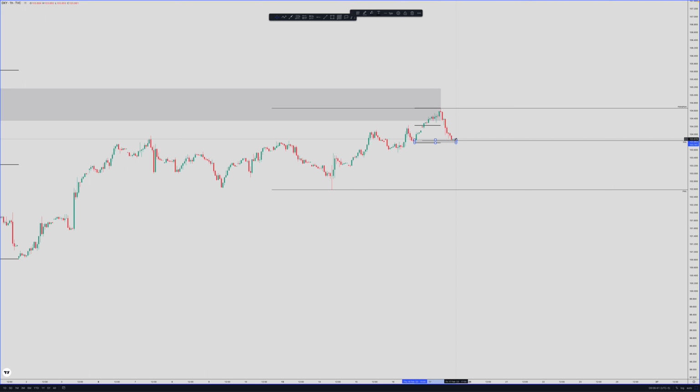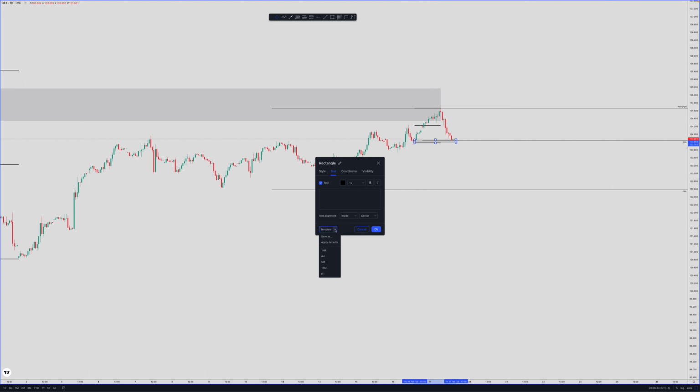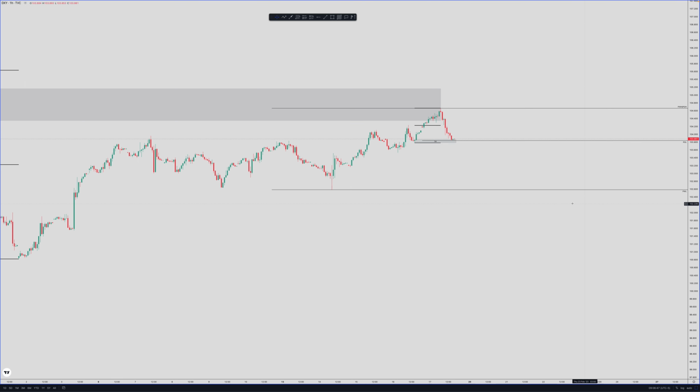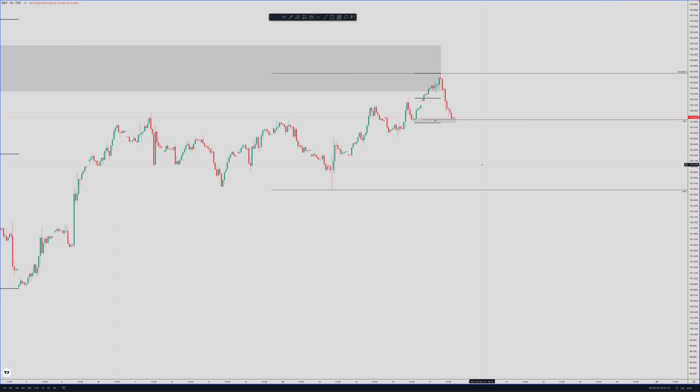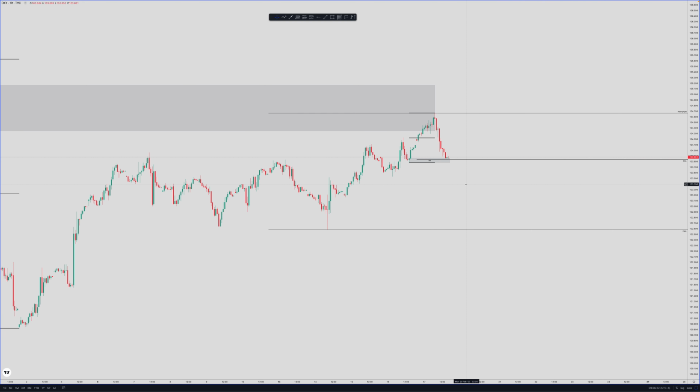We've tested it on the Friday. We can also see we have a 1 hour fair value gap and order block up here.